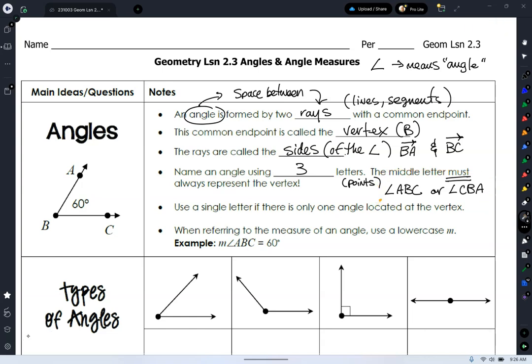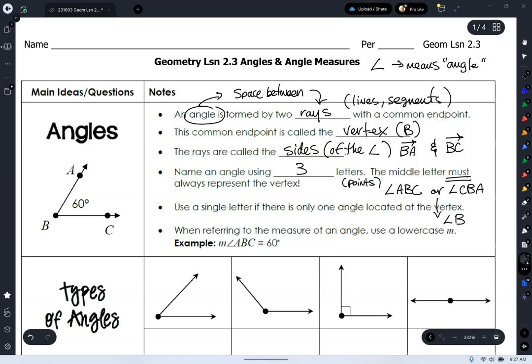There are certain situations where we can use a single letter to name an angle, but that's only if there's one angle located at the vertex. Notice that our vertex here is B, right? And we only have one space in between indicated in our drawing. We could call this angle B. That's a possibility as well.